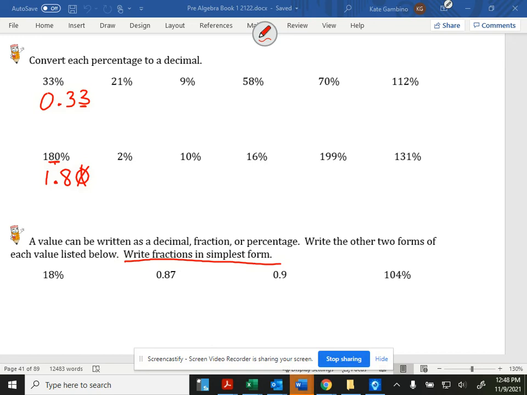It'll help you when we get to our test. So whatever you see listed, write the other two forms. Always, always, always simplify. Remember, that doesn't mean go from improper to proper, but it means to divide it down as much as you can. So simplify, simplify, simplify. And it is just the one binder page today.